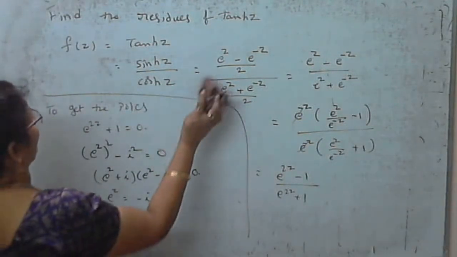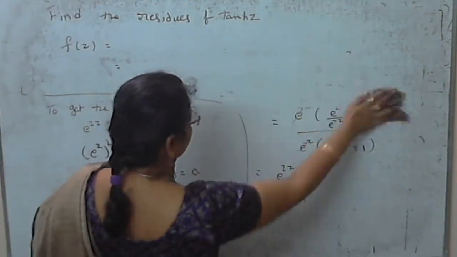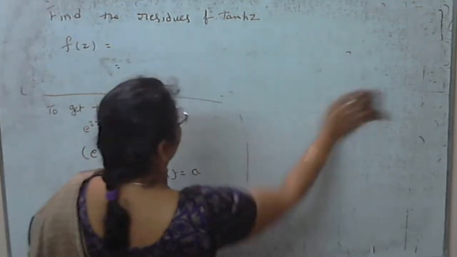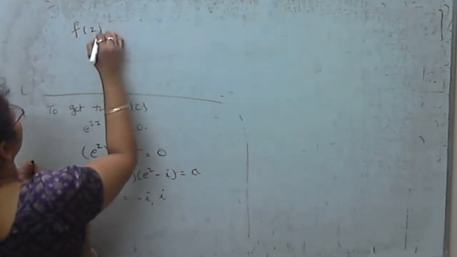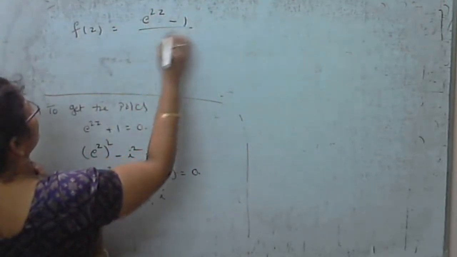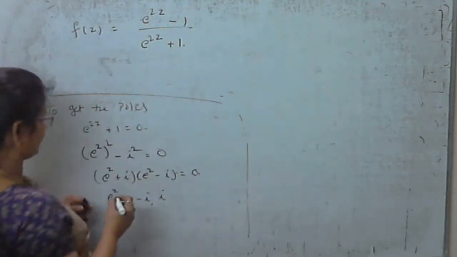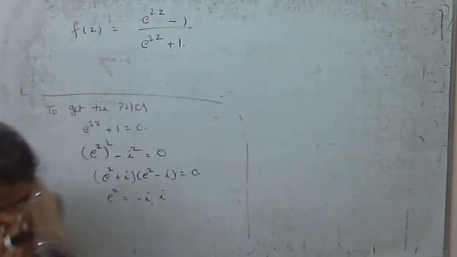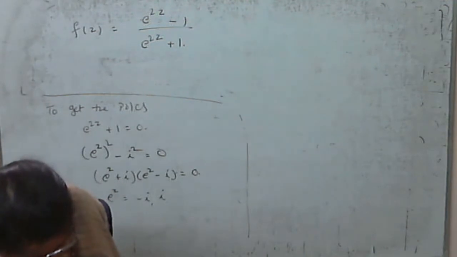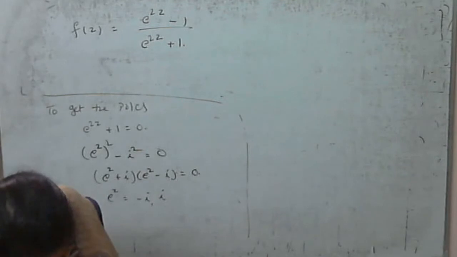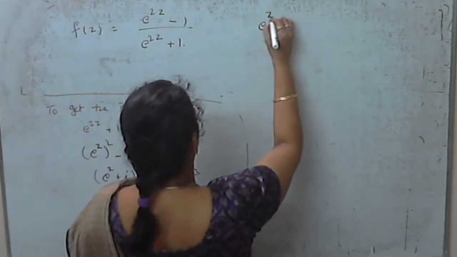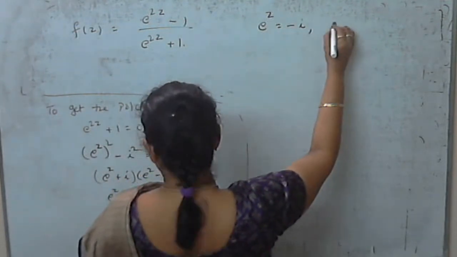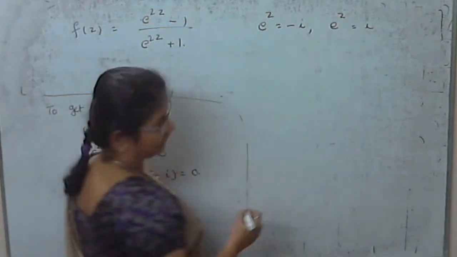Now f(z) equal to (e^2z minus 1) by (e^2z plus 1). Now minus i and plus i can be written as: e^z equal to minus i, and e^z equal to plus i.